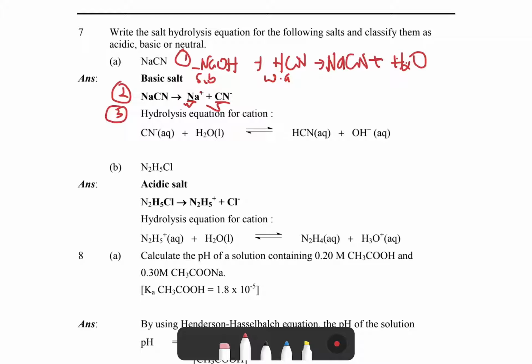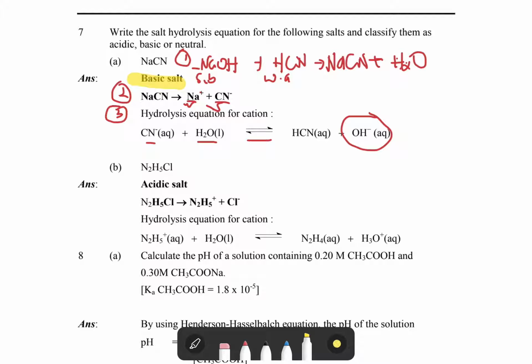So when CN negative react with H2O, okay, dia reversible, dia akan hasilkan OH negative. So the productions of OH negative means dia adalah basic salt.